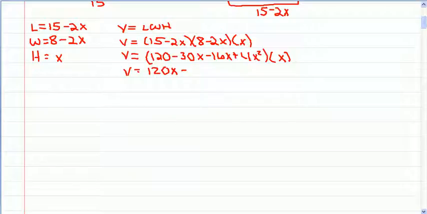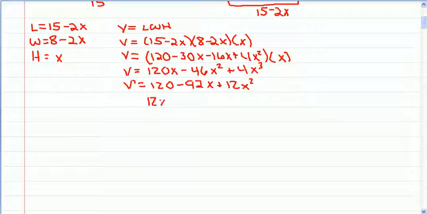negative 30x minus 16x is negative 46x, but when I multiply by x, I have negative 46x squared plus 4x to the third. And since we're asked to maximize, we want to take the first derivative and set it equal to 0. So the first derivative is 120 minus 92x plus 12x squared.